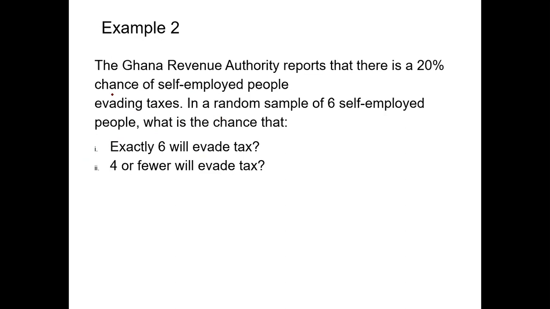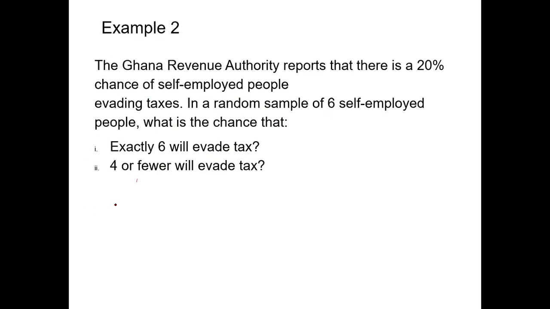Now let's take this example. The Ghana Revenue Authority reports that there is a 20% chance of self-employed people evading taxes. In a random sample of 6 self-employed people, what is the chance that exactly 6 will evade tax?